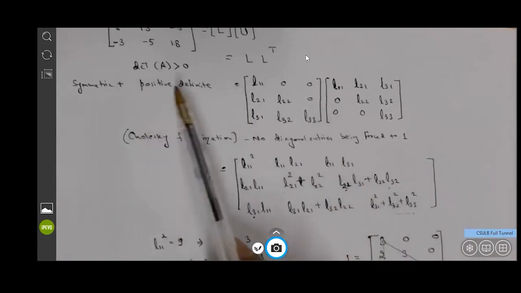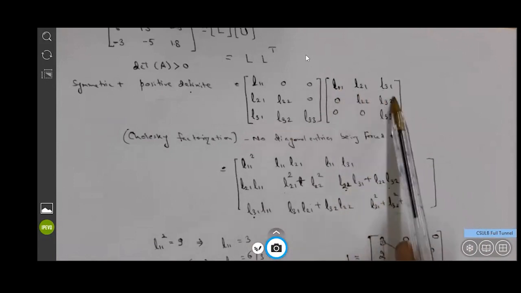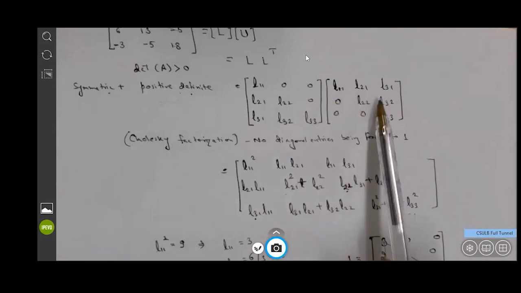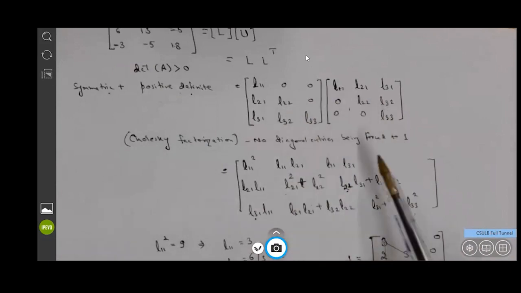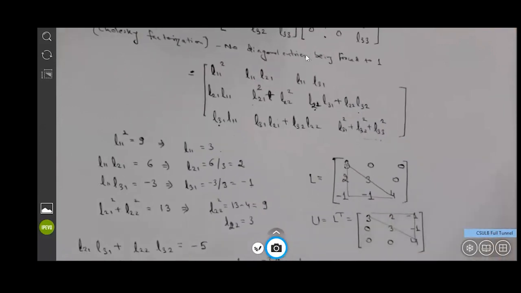If A is symmetric and positive definite, you don't need to use L and U separately, because then the U matrix is the transpose of L. And instead of solving for 9 equations, I am now solving for only 6 equations: 1, 2, 3, 4, 5, and 6. Is everybody with me so far?